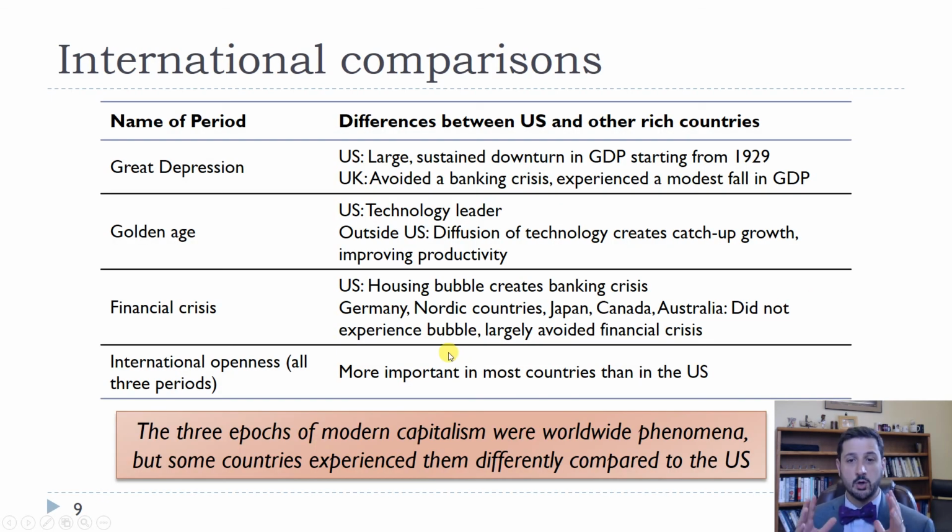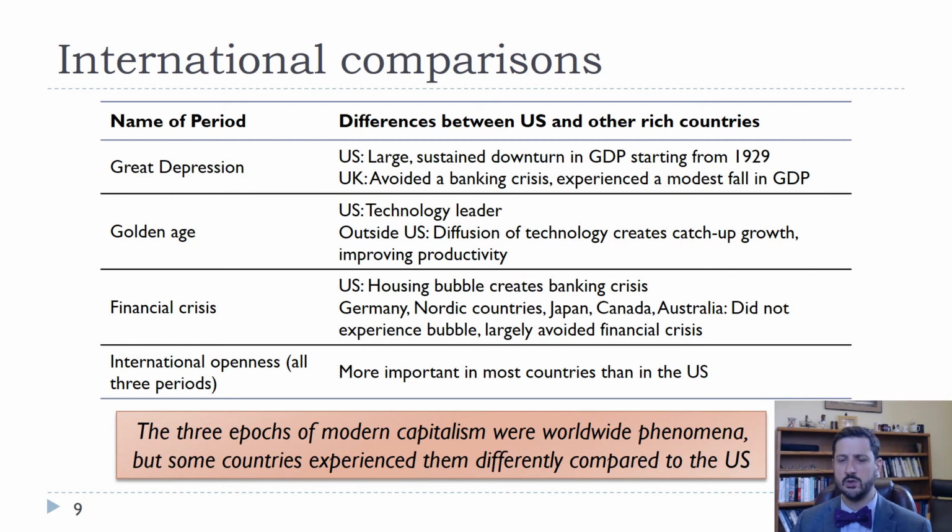We're going to look mostly at the United States, but we want to also think about what's going on in the rest of the world. So if we think about the Great Depression, in the US, it was actually worse than in the UK. They avoided a banking crisis, perhaps because they had some more experiences with banking crises in the 19th century. And it wasn't really until, of course, World War II came that the US was really pulled out of the Great Depression. And obviously, Europe experienced World War II in a much starker way because the war was fought on their soil.